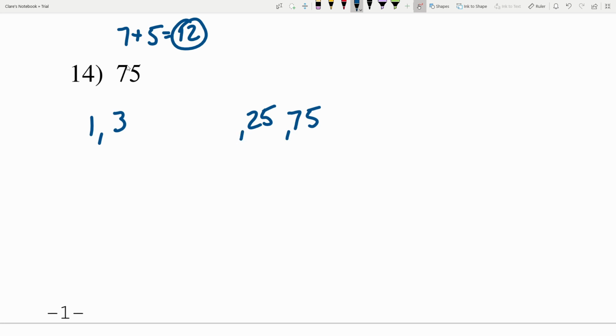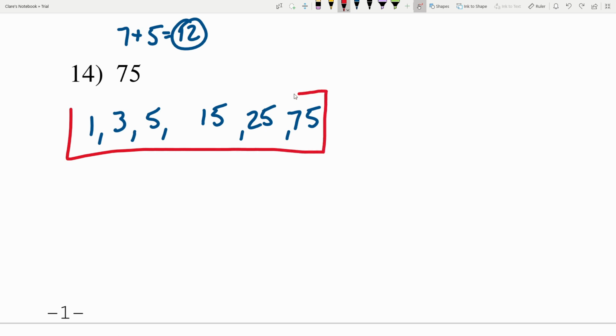And then 4 isn't because it's not even. 5 does because the number ends in 5, and that's going to be 5 times 15. And there's no other number between 5 and 15 that divides 75. So 1, 3, 5, 15, 25, and 75 are my solutions in number 14.